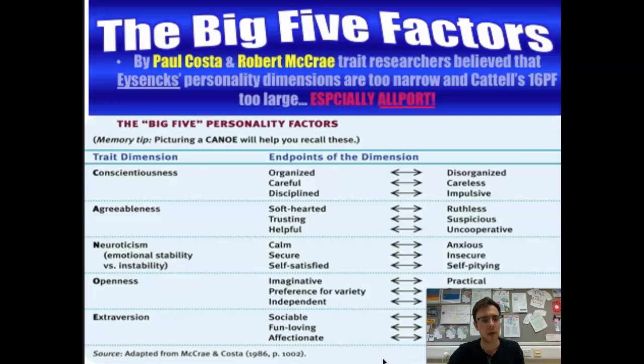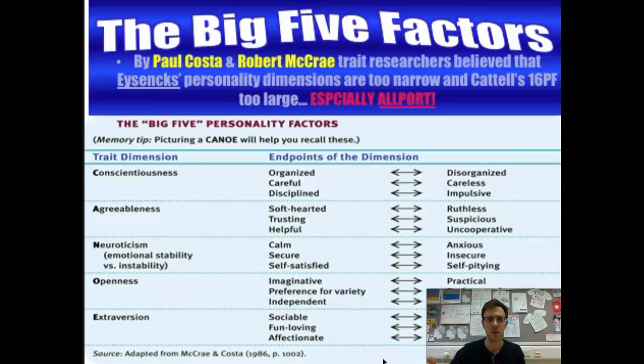And so you have conscientiousness, agreeableness, neuroticism, openness, and extroversion. If we're talking about conscientiousness, this means you're usually prepared, you're paying attention to details, you have a schedule. Someone who's agreeable, who tends to score high on this continuum, would be somebody who takes time for others, is very helpful and interested in being there for other people.